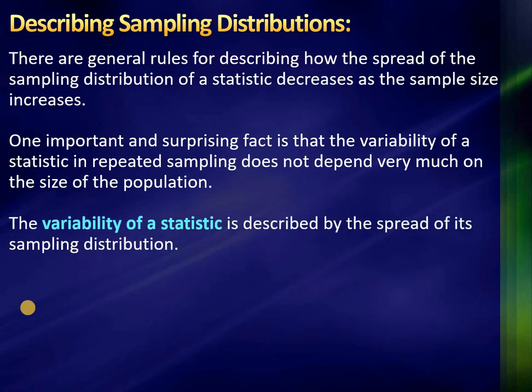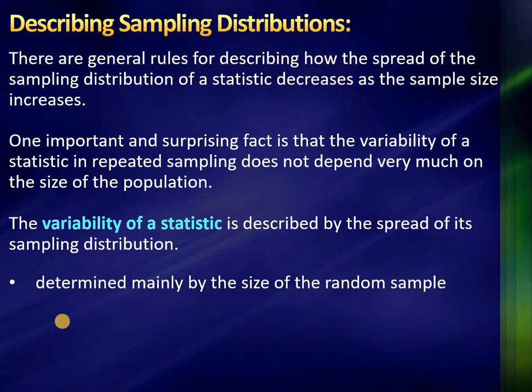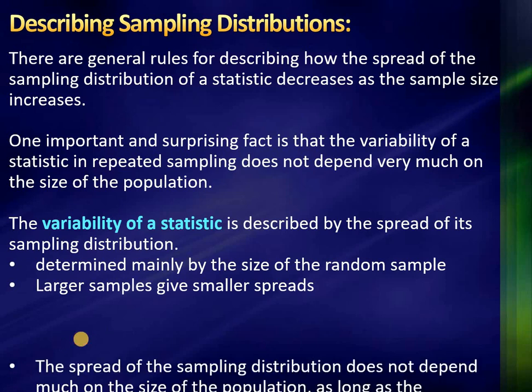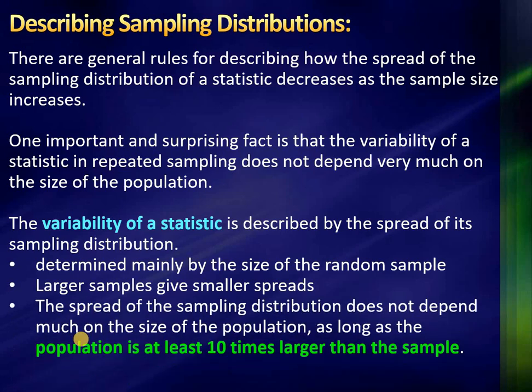The variability is described by the spread, and that's going to be determined by the size of your sample. Larger samples, smaller spreads, and here's our bottom line. The spread of a sampling distribution does not depend on the size of the population.